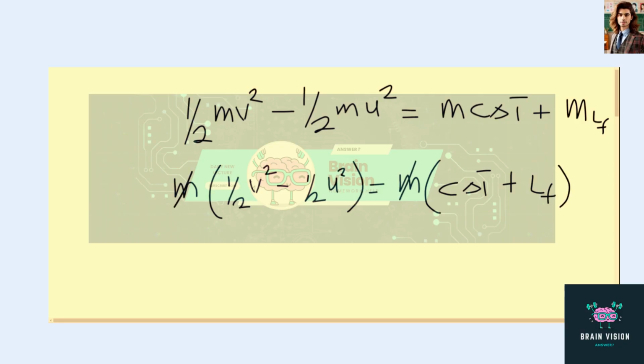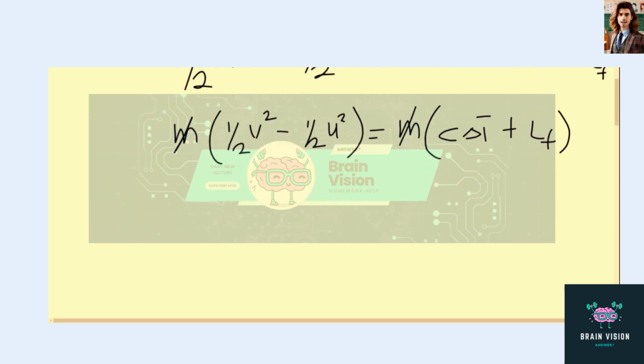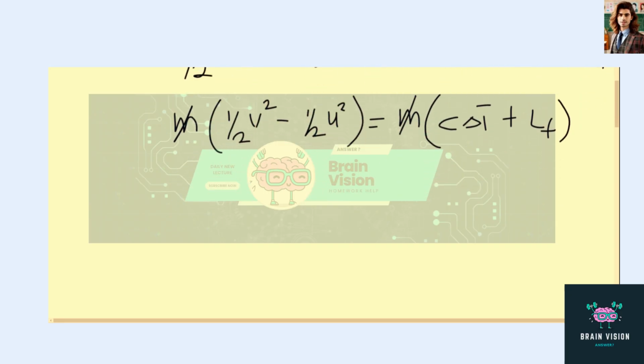So this mass cancels this mass, which means we can't work with the mass as of now. We just work with the speeds of the bullet, the specific heat capacity of the lead bullet, the temperature change, and then the latent heat of fusion, which is for the melting process.